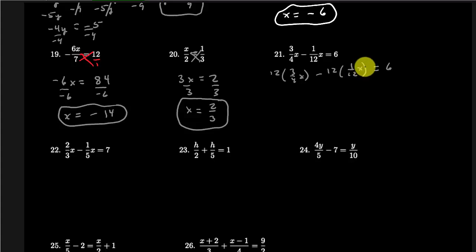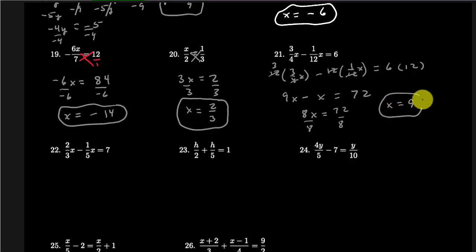Oh, that's an x right there. 6 times 12. And so the 12 and the 4 cancel. I'm left with 3. So that's 3x minus, and here the 12s cancel. So minus x is equal to 6 times 12. That's 72. And so now I combine like terms. So 8x is equal to 72. Divide both sides by 8. So that's going to give me x is equal to 9. All right.